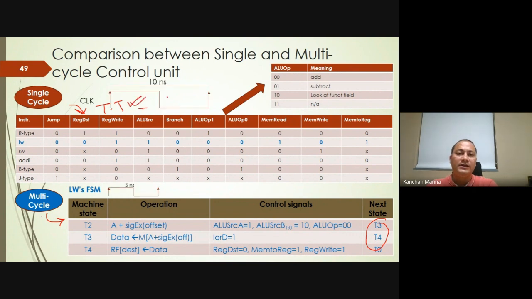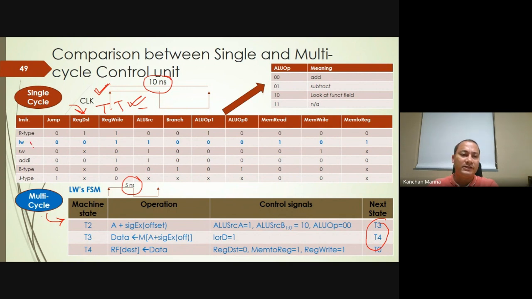And you see here, the clock period for the single cycle one is more. For example, if this is 10 nanoseconds, then if we calculate the clock period for the multi-cycle one, it would be lesser, let's say 5 nanoseconds. We'll see that clock period calculation later. So this is the difference in the control table that we have.